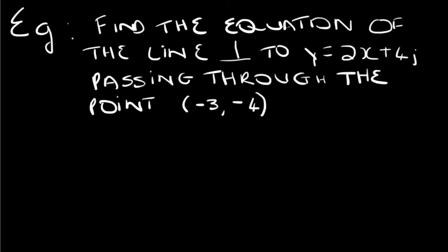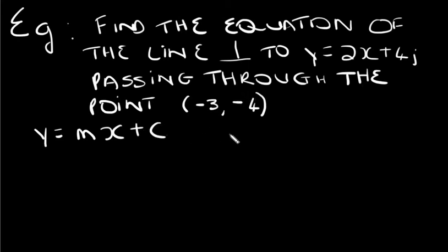So let's find the equation of the line perpendicular to y is equal to 2x plus 4 and passing through the point negative 3 and negative 4. So what do we have? We have the equation of the line. Your standard equation is y is equal to mx plus c.